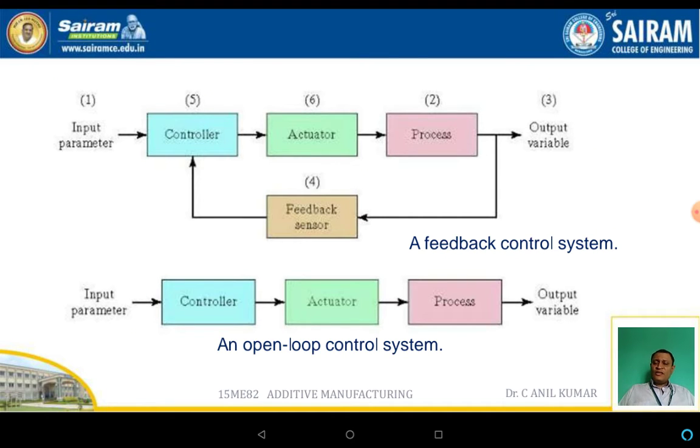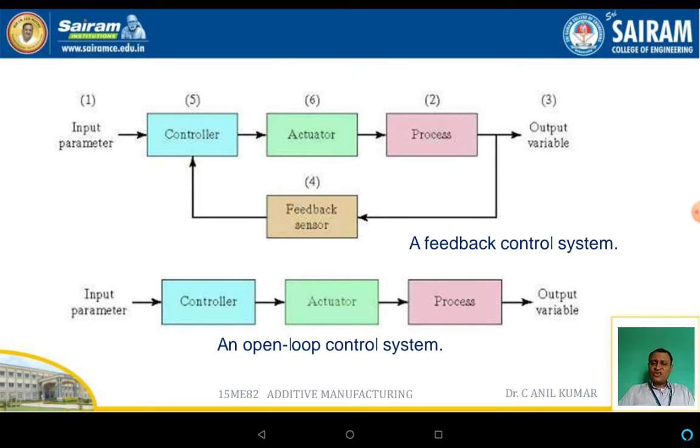Now in this slide, two block diagrams are represented. One is the open loop control system, and the other is the feedback control system, which, as you know, is also called the closed loop control system. The closed loop control system has the input parameter, the controller, the actuator, the process, the output variable, and the feedback sensor.